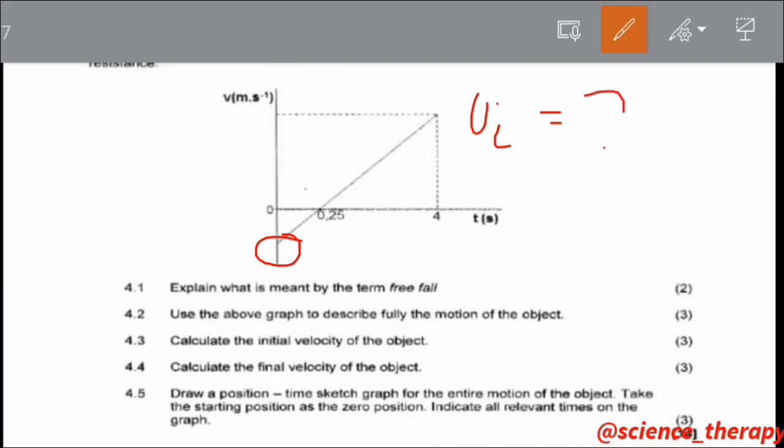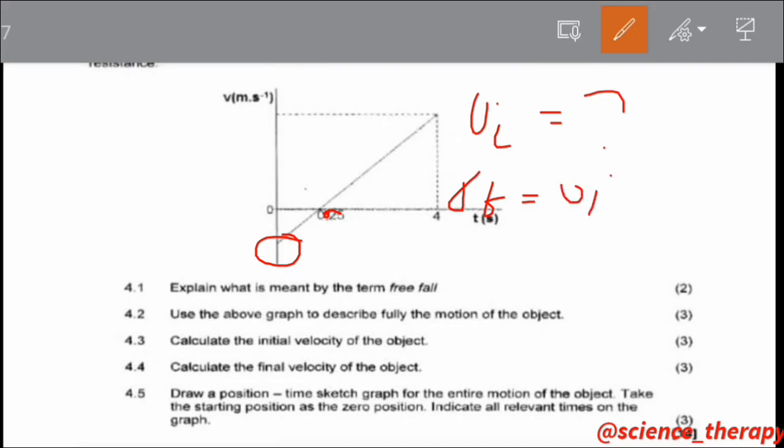We don't have it. So in case the question asks what is indicated by the y-intercept of the velocity versus time graph, you now know the y-intercept always indicates the initial velocity of the object. Then at this point here, what is indicated by the x-intercept? What is indicated by the x-intercept is the time it takes to reach the maximum height, right?